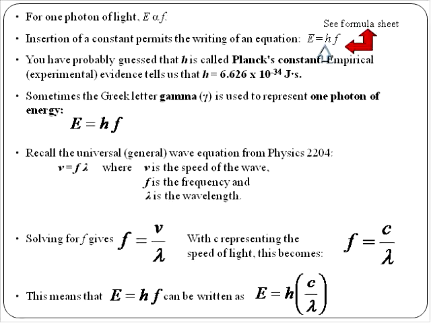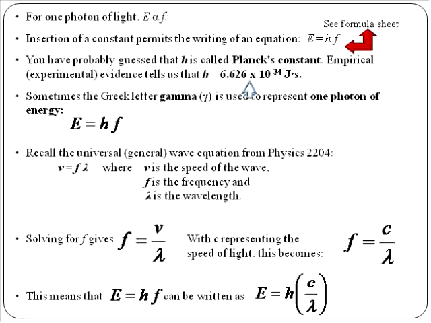And that h, that constant, is called Planck's constant in honor of the man who calculated the value of it. He actually measured the energy of photons, knowing the frequency, and figured out experimentally what this value of h was. Now it's been refined a little since, but this is the value that's given on your data sheet that you will get with the public exam.